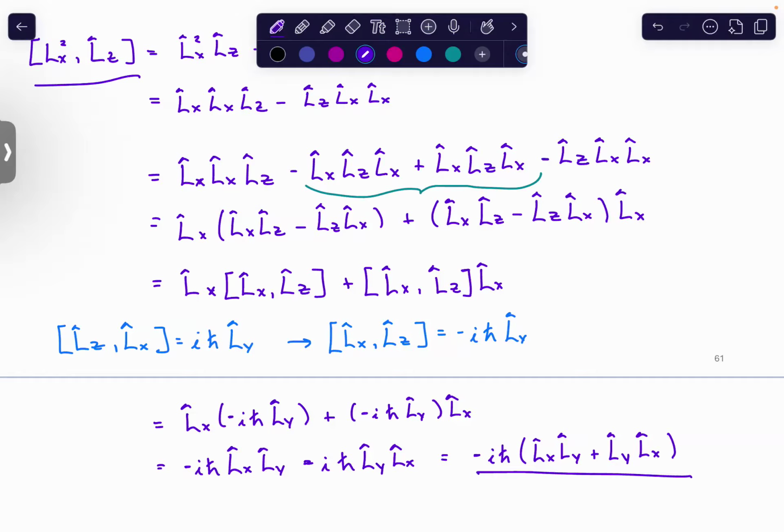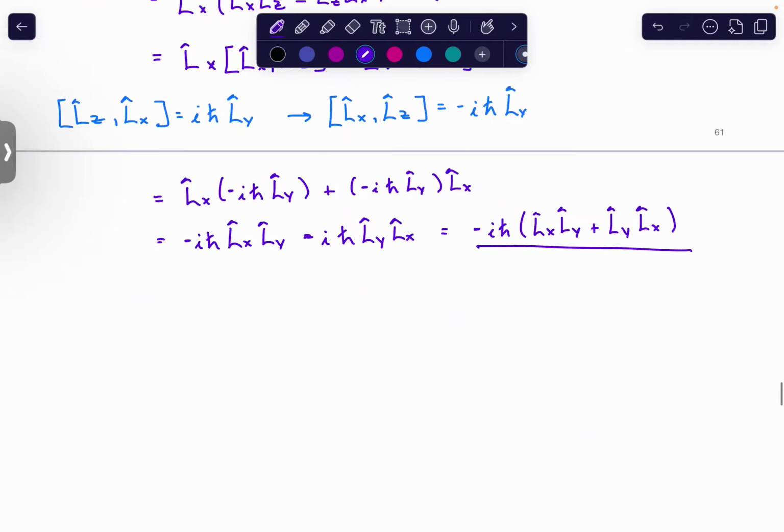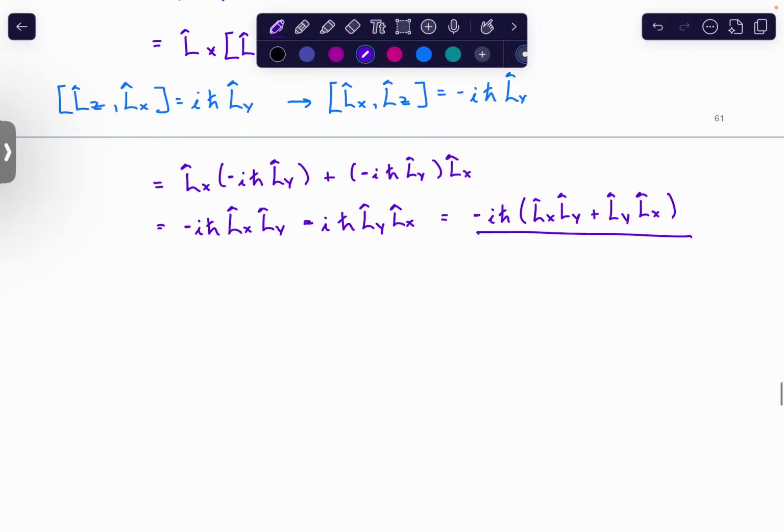And then on the other side, something where I could factor it out on the back and still have the commutator.